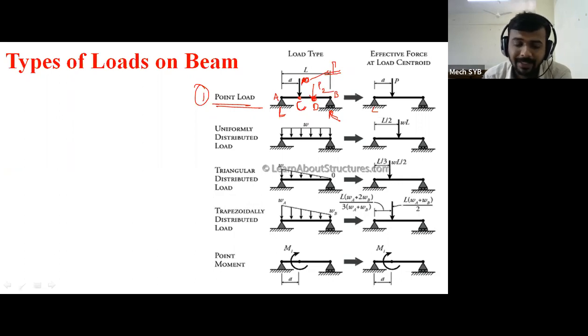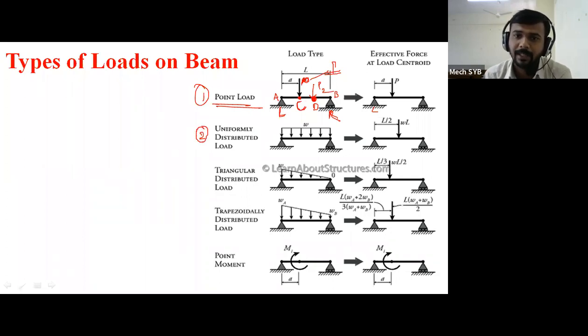P2 is not applied on A, it is not applied on B, it is applied at a particular point on the beam. Therefore, that load is called a point load. Once again, simple definition: the load which is applied at a particular point is called a point load. Okay, so this is the first type of load.